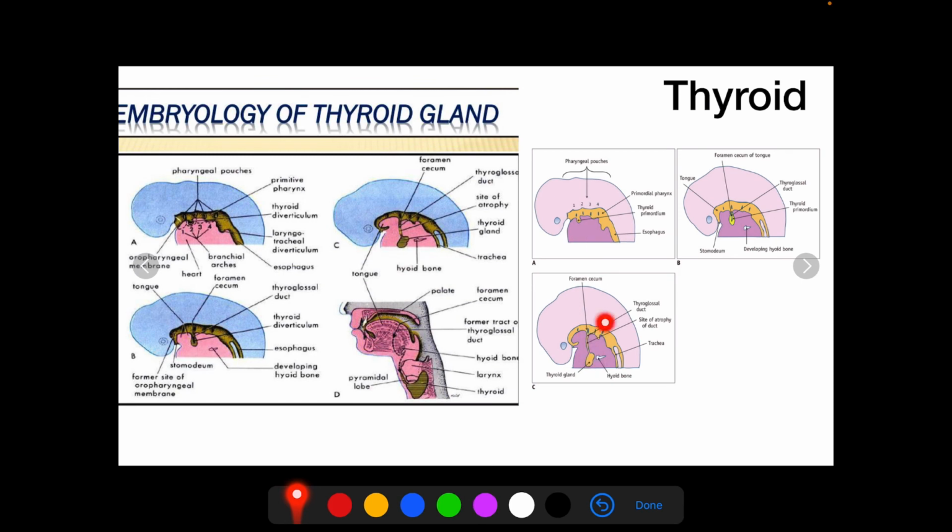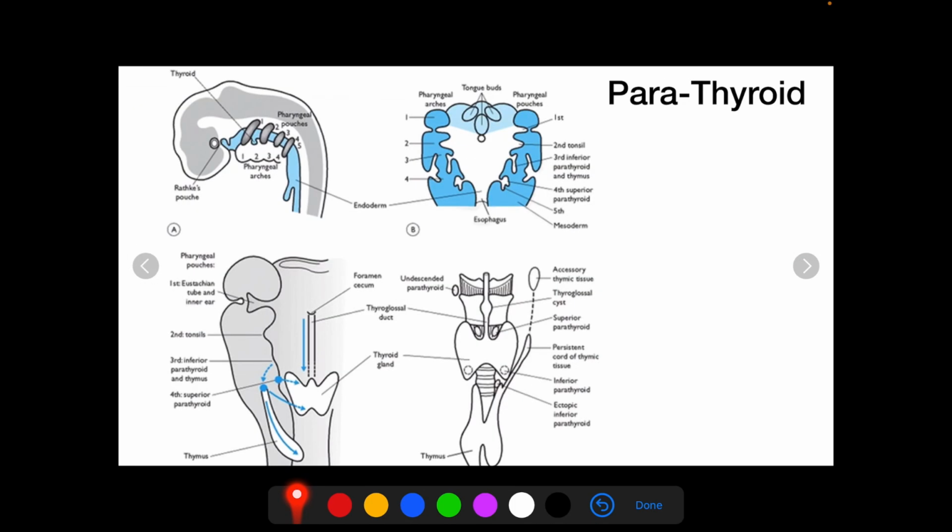The duct that brings the thyroid downside is the thyroglossal duct. And we don't forget that with the thyroid there is the parathyroid gland, and that's the pharyngeal apparatus that I explained in another video. In the pharyngeal parts, the middle part by the mesoderm is called the arches. The inner part is called the pouch, like a pocket. The outside is called the arch.